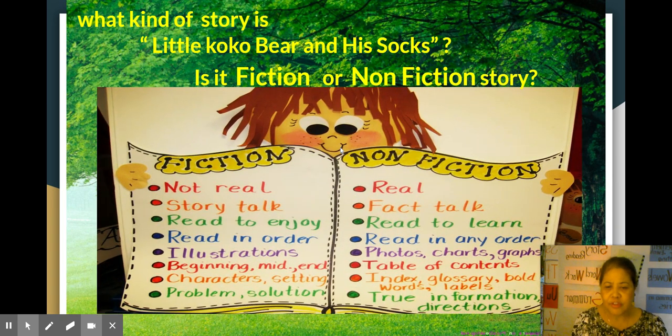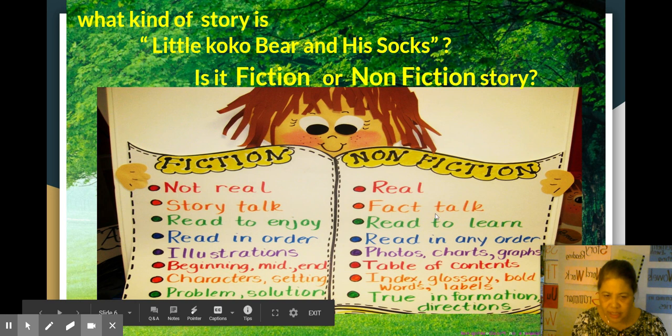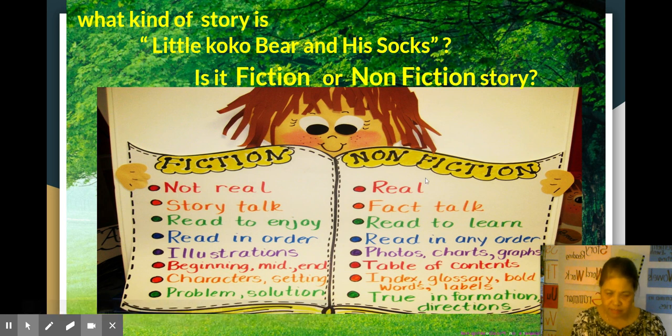Okay, this one will guide you. When we say fiction, all of the details telling us about fiction is right here and non-fiction right here. When we say fiction, the story is not real. It is just a story talk. People just read it to enjoy.